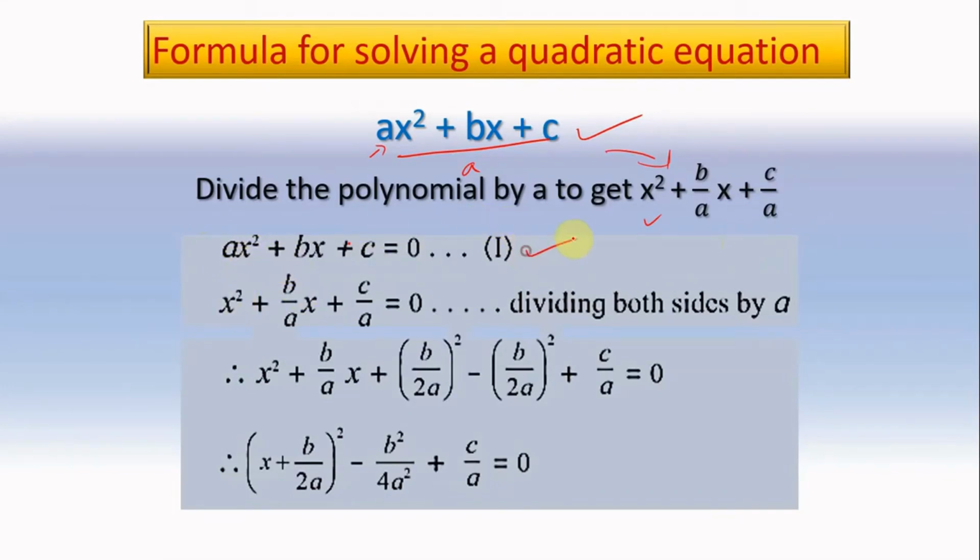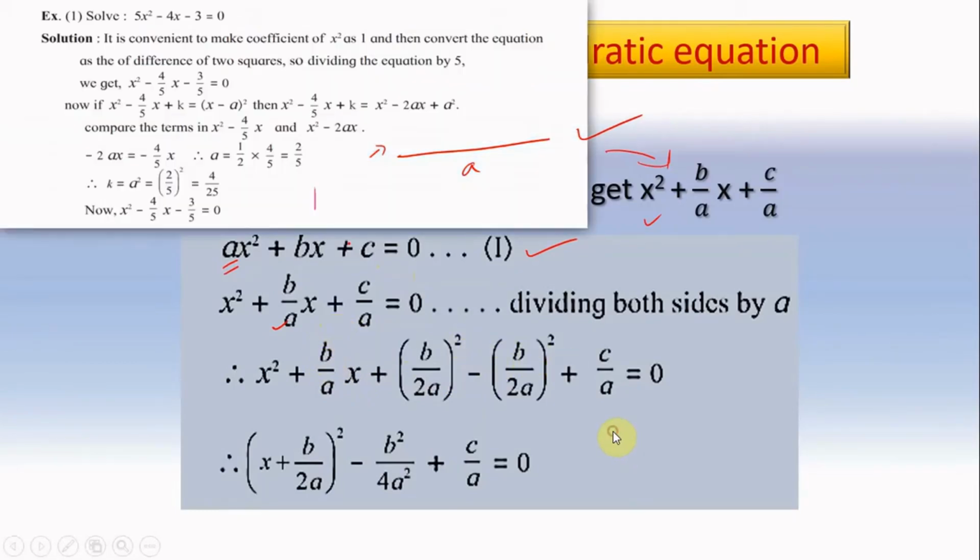This is the standard form of quadratic equation, and we divide it by a in order to remove the coefficient a from ax square, the first term. Now we also found that by dividing the coefficient of the second term by 2, we found the solution for the equation.